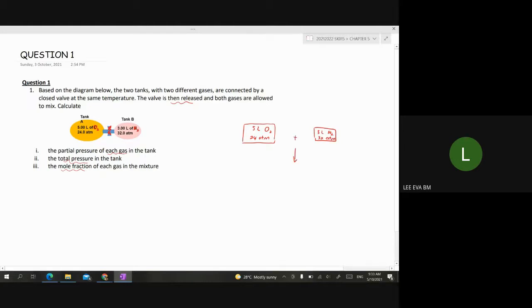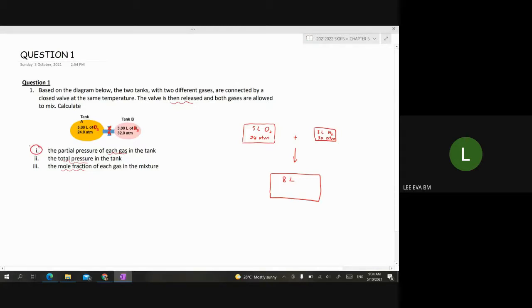After adding them together, I now have a new volume of 8 liters. I have no idea what the pressure inside is, because we assume both of these gases do not react.